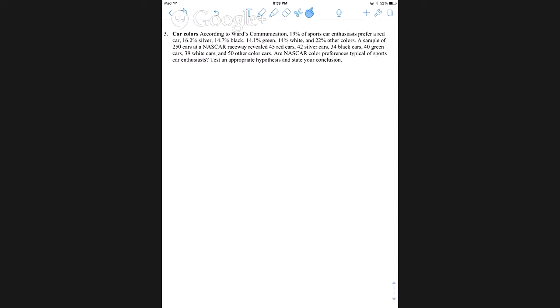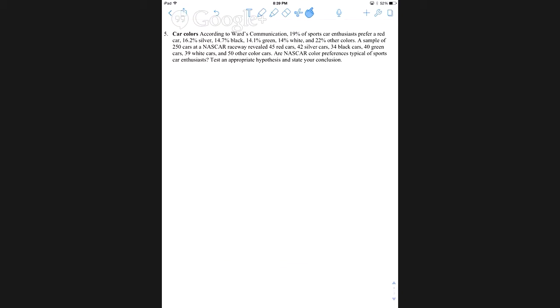So we can see right away this is going to be a goodness of fit test. And we know it's going to be a chi-square goodness of fit because we're trying to see if what we expect to occur matches what we already have.